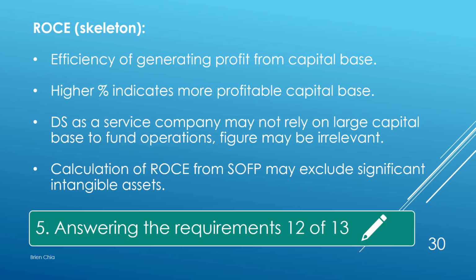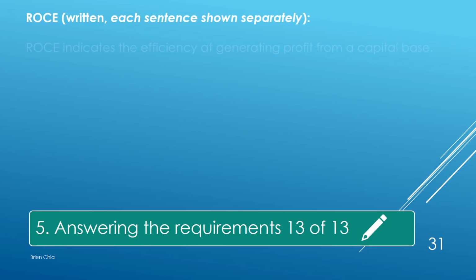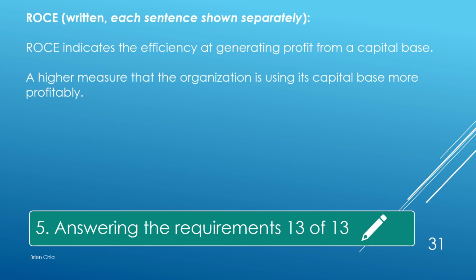This might include research and development, which does not satisfy financial reporting standards, or it might be branding, or other types of intangible assets or goodwill that just fail to be recognized by the SOFP. So the full answer, I'll write out something like this. ROCE indicates the efficiency.